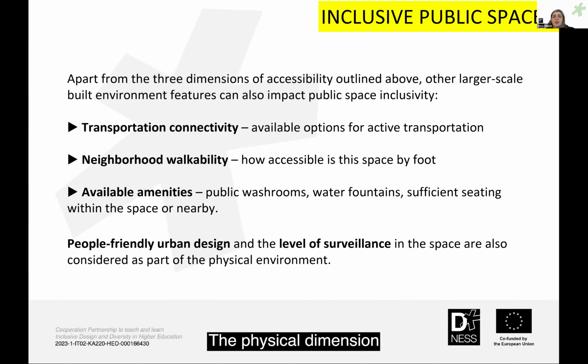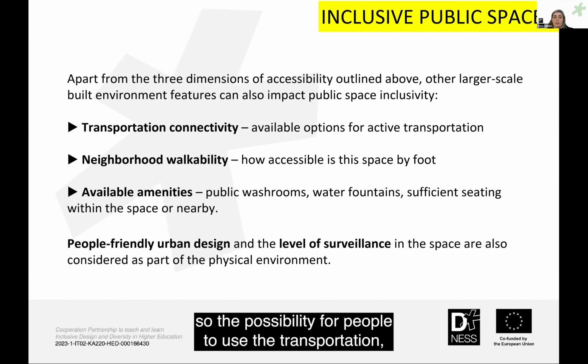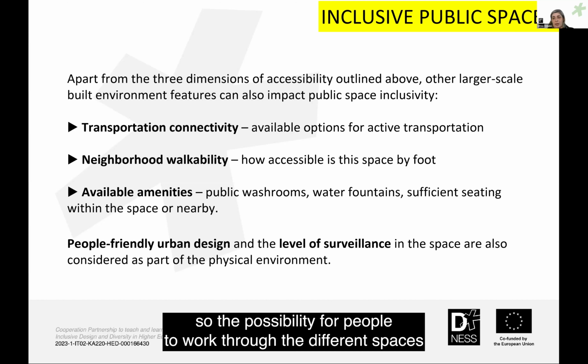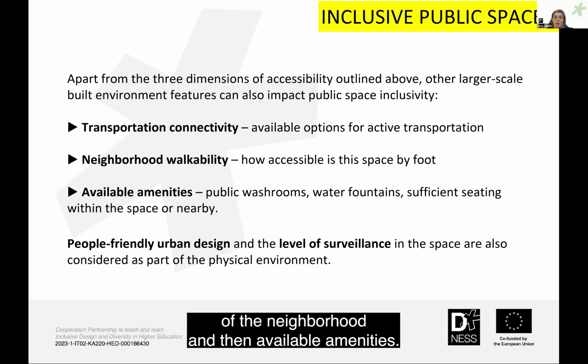The physical dimension is always related to other factors like transportation connectivity, so the possibility for people to use transportation, the neighborhood walkability, so the possibility for people to walk through the different spaces of the neighborhood, and then available amenities.